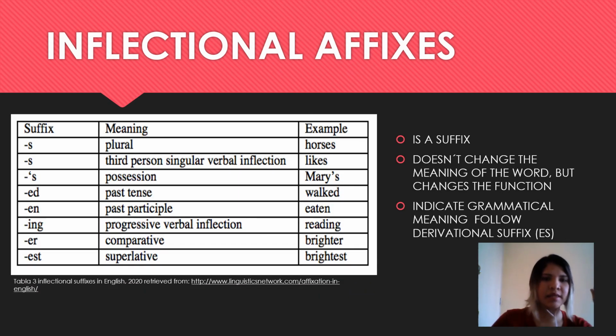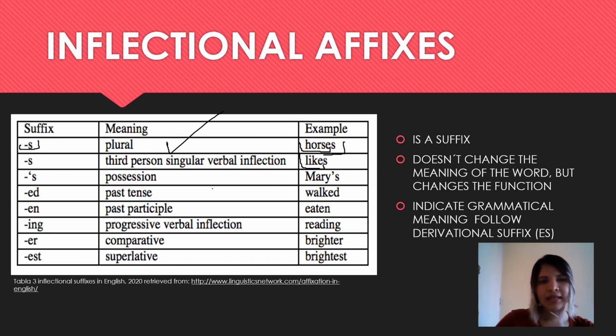Let's see these examples. We have the word horse. If we add the suffix s, we will get horses, and now the word is plural. At first it was singular, now it's plural when we add the suffix s. If we want to show the third person singular verbal inflection, we have the verb like.